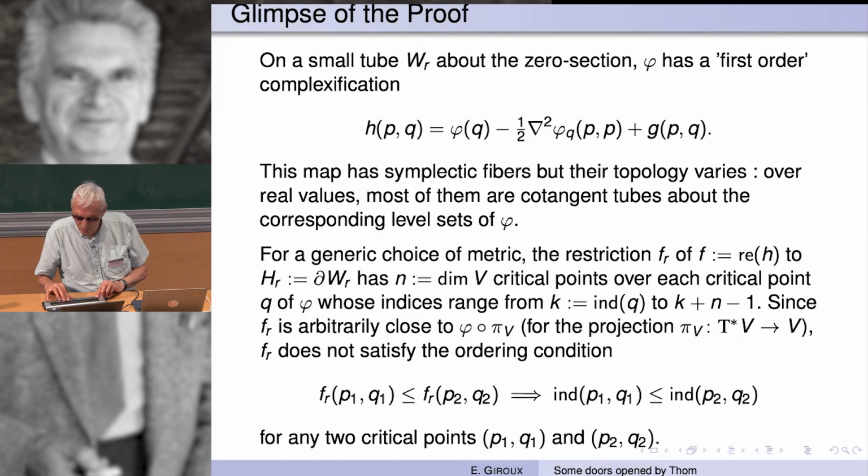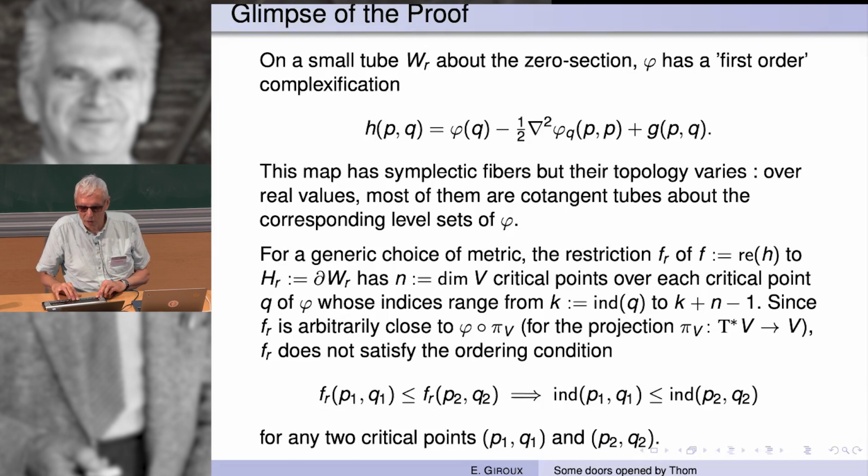Now you consider the restriction of this function, and in particular the real part, to the boundary of this cotangent tube, so to a sphere cotangent bundle. And what you see is that this restriction has more critical points.